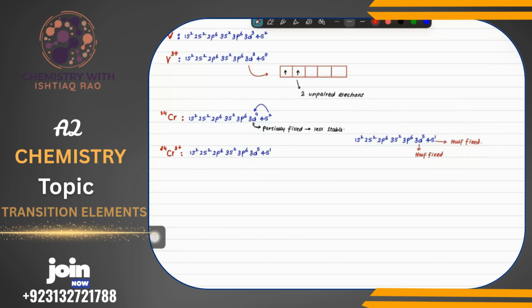I am removing one electron from 4s and two electrons from 3d. After removing them, it would be having 3 electrons in 3d, isn't it?